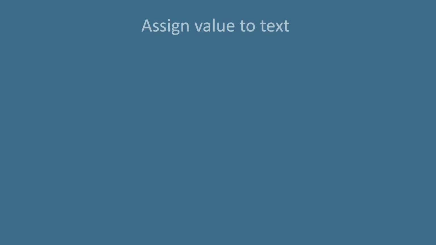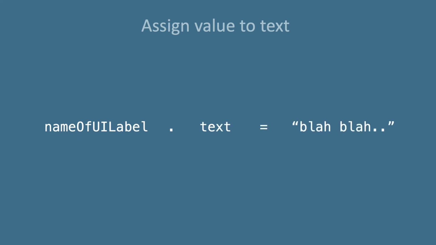So first, the syntax of assigning text to UILabel goes: name of UILabel you want, and then dot text equal the text you want with quotation marks. So this dot here is quite weird, right? So in programming, when a dot comes after an object, like a label, it means that I want to access one of this object's properties or functions.